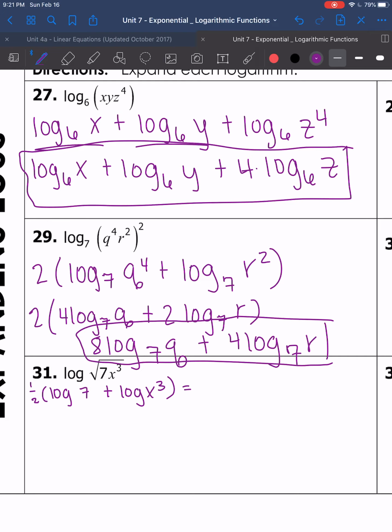And since it's x cubed, I can take the 3 out front: 1/2 log of 7 plus 3 log of x, which becomes 1/2 log of 7 plus 3/2 log of x.